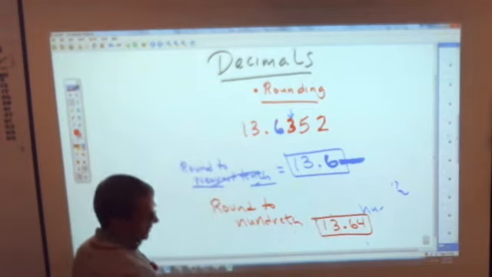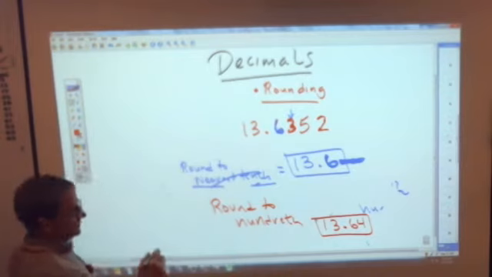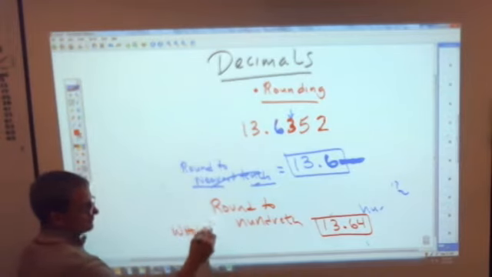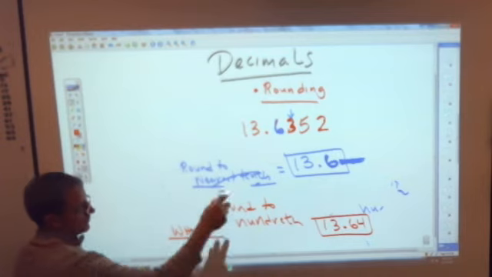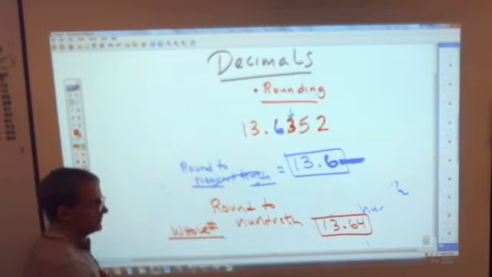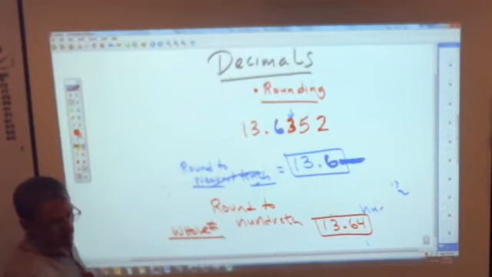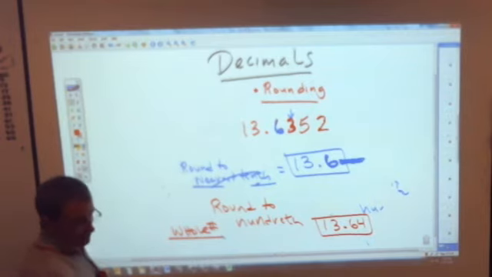Okay. Just like this, if I said round that to the nearest whole number, 13.6352. My choices are, what whole numbers is this between? It's either going to be 13 or 14. Does it stay 13? Does it go up to 14? What does it do? Andrew?